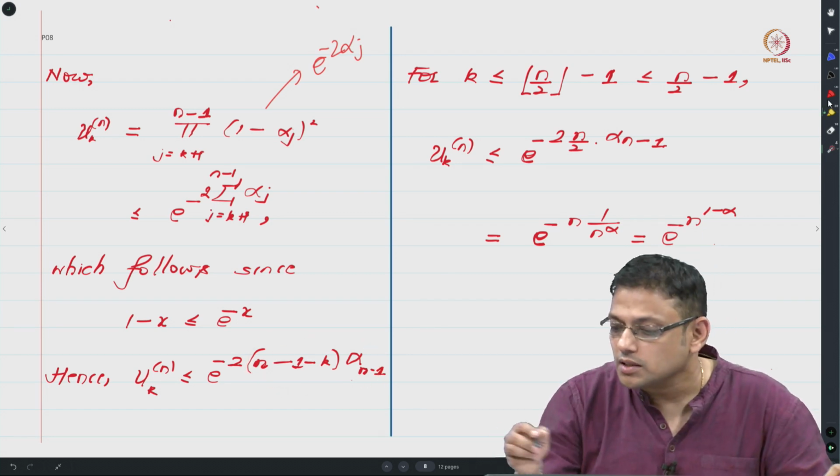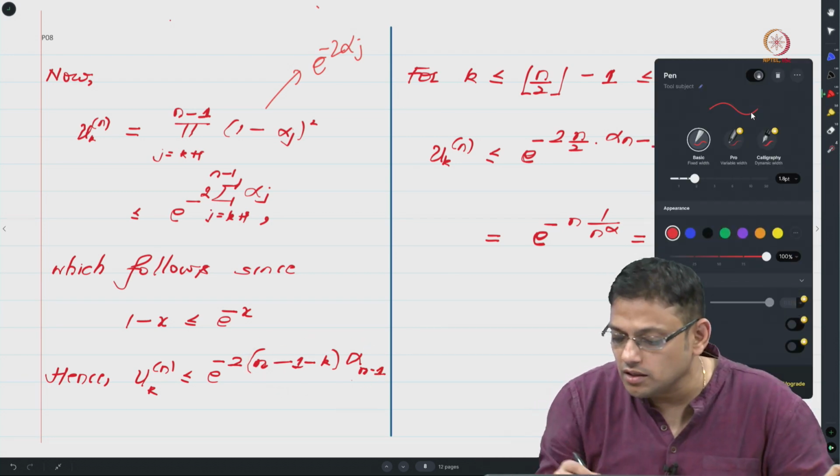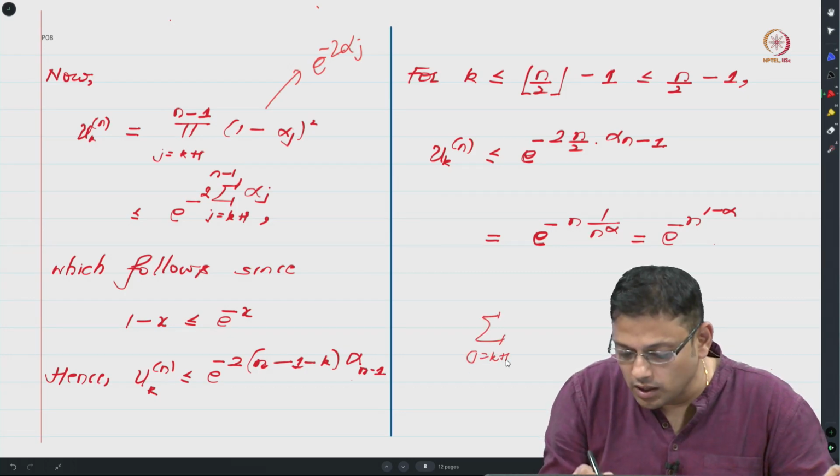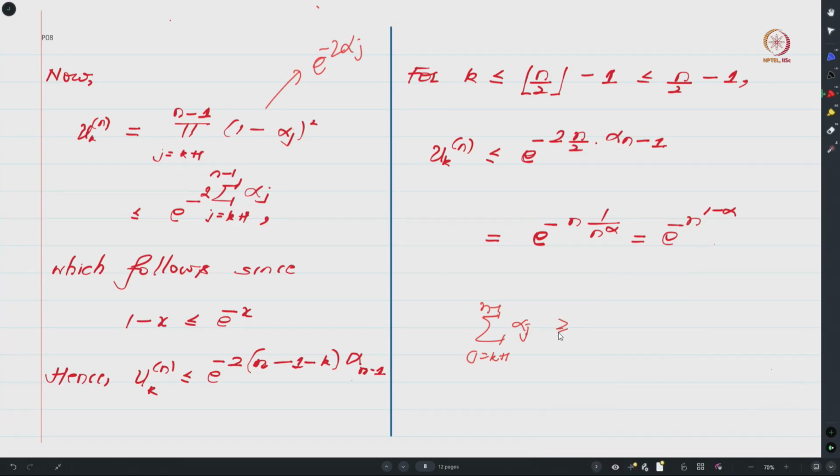In particular, this sum that we have here, the sum over j equals k plus 1 till n minus 1 of alpha j, can be shown to be bigger than n minus 1 minus k, which basically corresponds to how many terms we have in this sum, times alpha n minus 1, which is the smallest of the expressions over here.